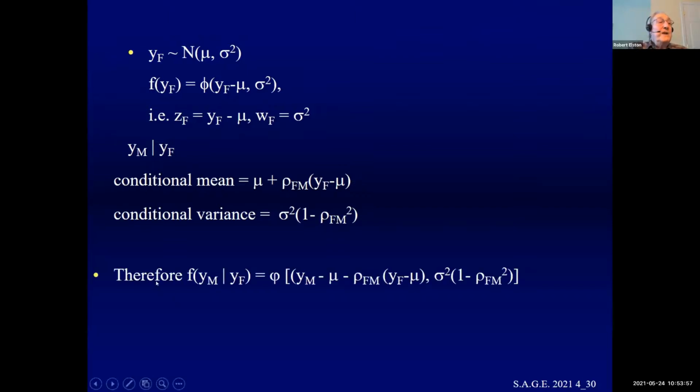So we now write the one for the mother. We take the mother's value minus the mean, minus the correction for the father, the regression on the father.